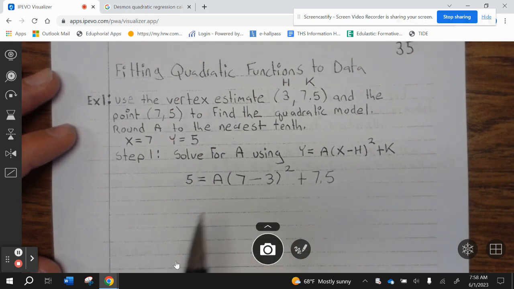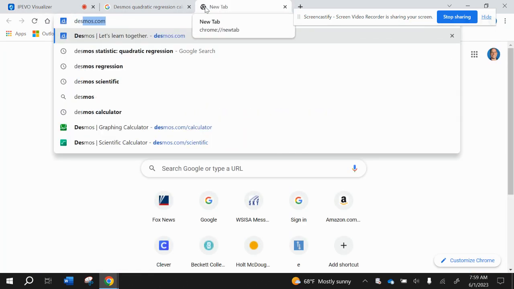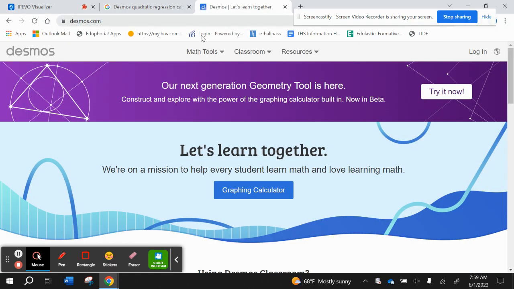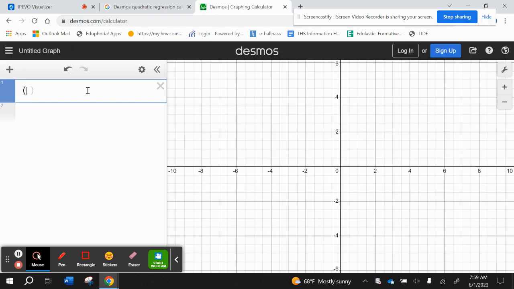All right, so first off, we can do 7 minus 3 squared. So I can go to parentheses 7 minus 3 squared is 16.